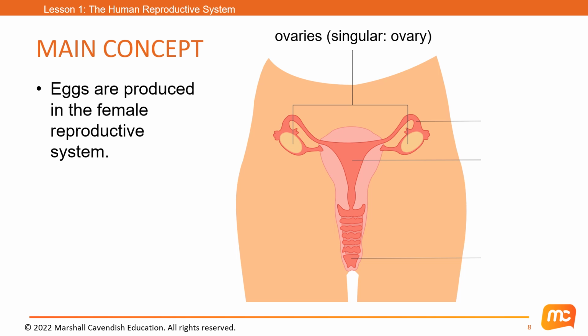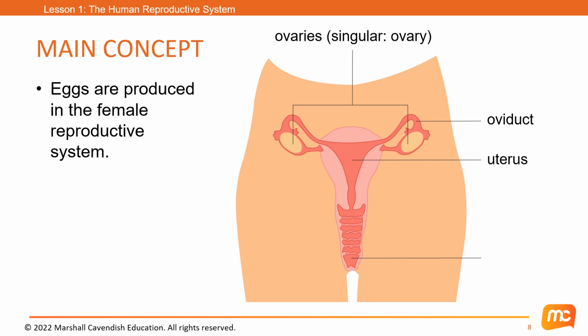Yeah, true. That is the first, the ovaries, or ovary in singular. It is the part of the female reproductive system that has the job to produce eggs, and then they will be carried by the oviduct to the next part, that is the uterus.